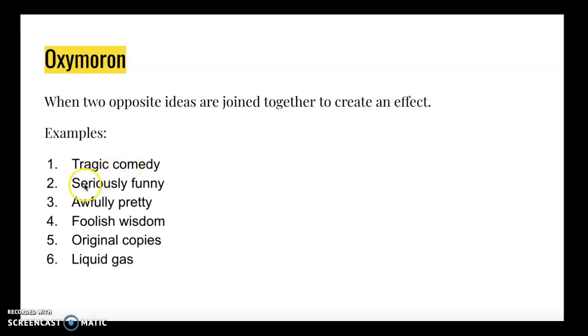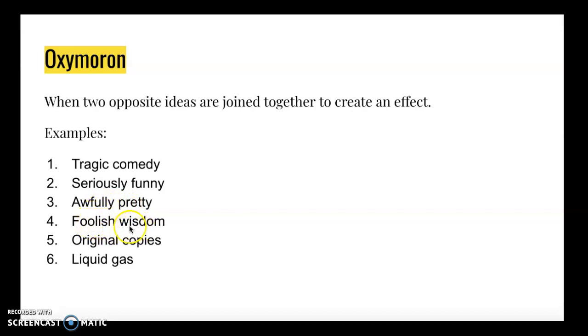2 says seriously funny. So funny is your positive word. Serious is not such a positive word, and they're being put together. Okay, there's your oxymoron. Awfully pretty. Awfully would be your negative word. Pretty would be your positive word. Two things that are opposite being joined together.